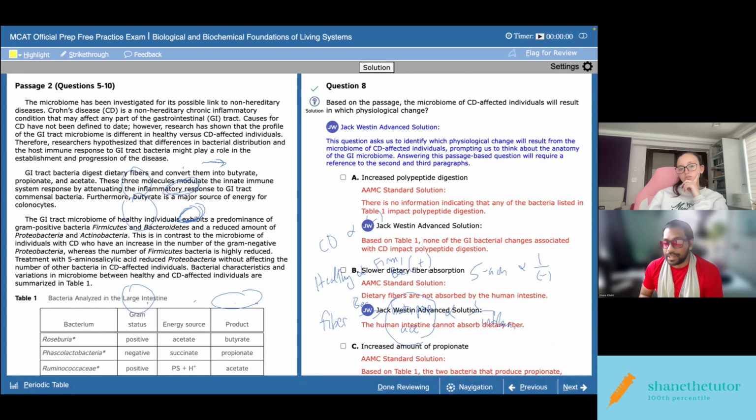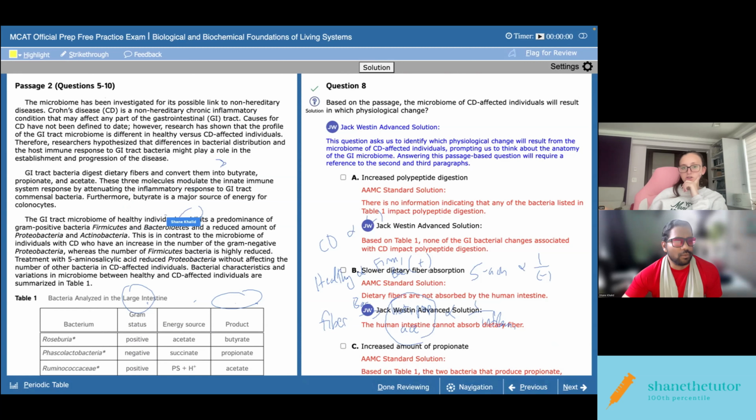But yeah, I have three reasons why B isn't good. They're essentially asking us what does a bacteria do? And we know from the passage that the bacteria takes fiber and breaks it down into butyrate, these three molecules.